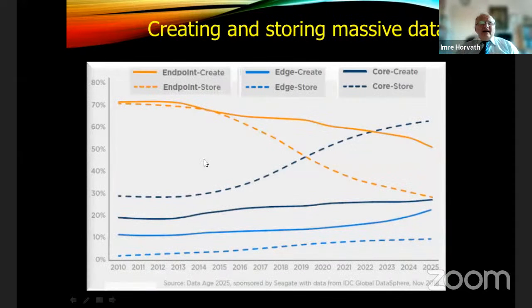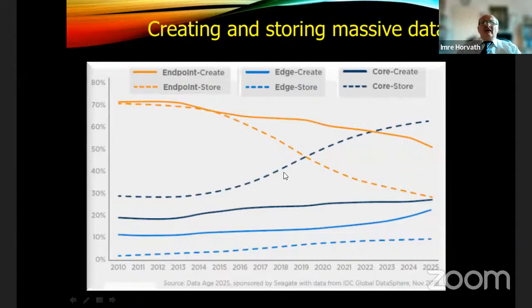The creation and storing of massive data are also interesting because the major source of this type of data is the edge. You can see what percentage of data is forecasted to be created by the endpoint devices and how much will be stored by the endpoint devices, what will be created on the edge and what is stored on the edge, and what is created on the core of cloud system services, and what is stored there.